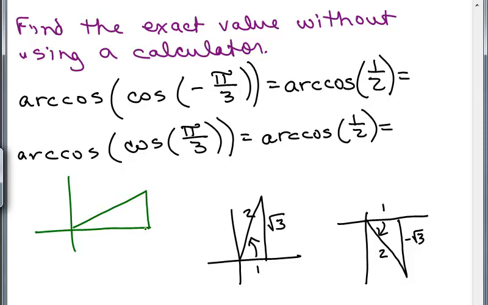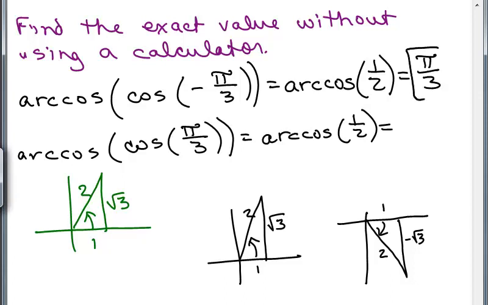Well, oops, I didn't draw that right at all. 1/2, there's the place. And what angle is that? 60 degrees. Or in radians, what is it? It's pi over 3. So our answer is pi over 3.